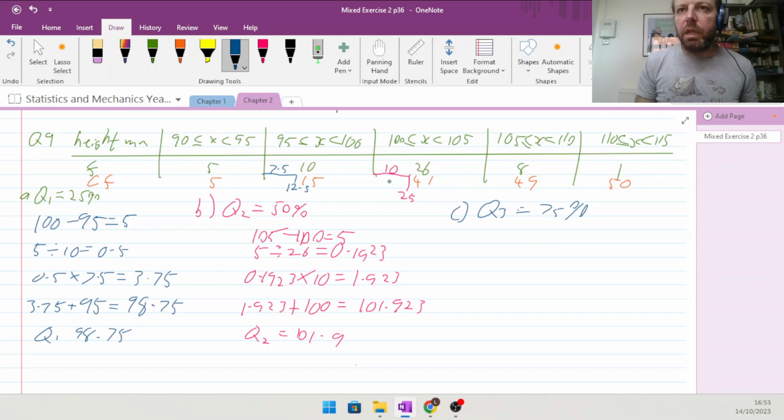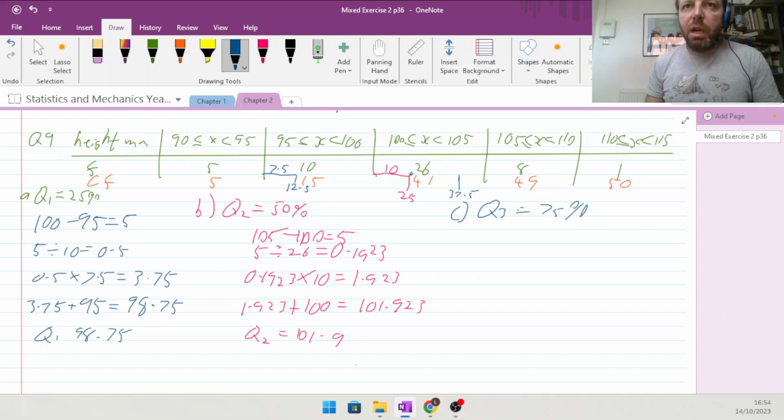The 75th percentile person is going to be 50 times 0.75, so it's the 37.5 person, which is also in here somewhere.